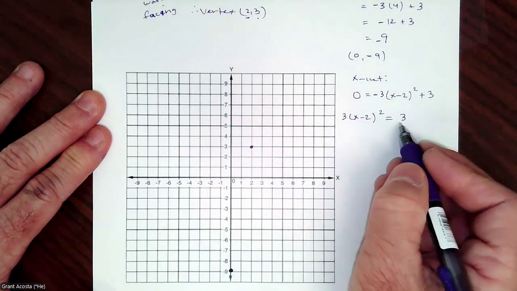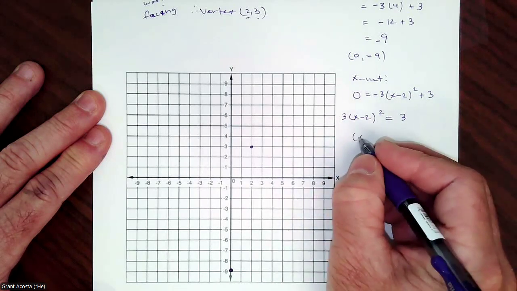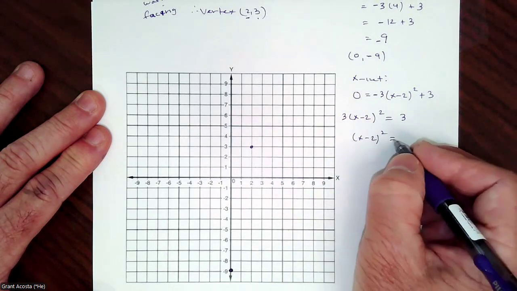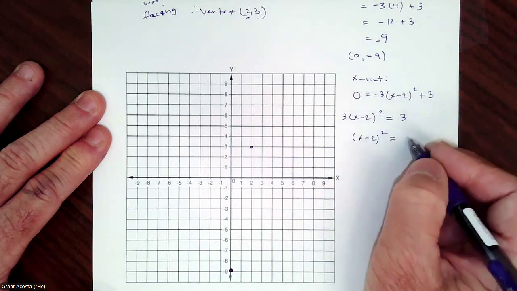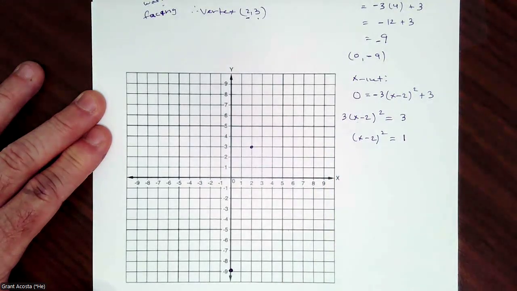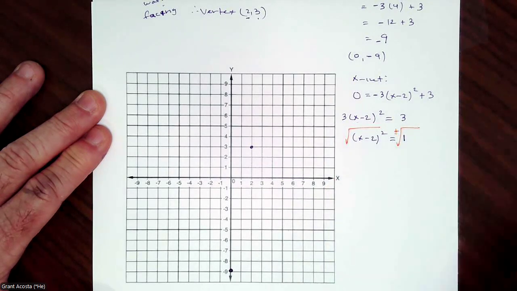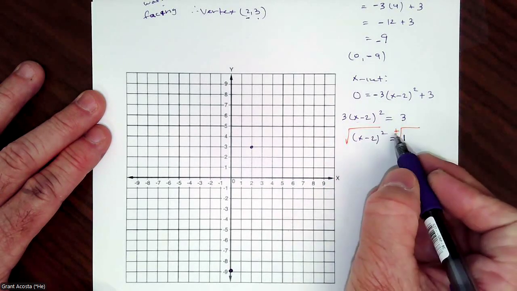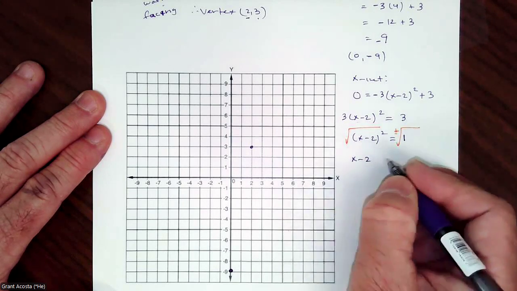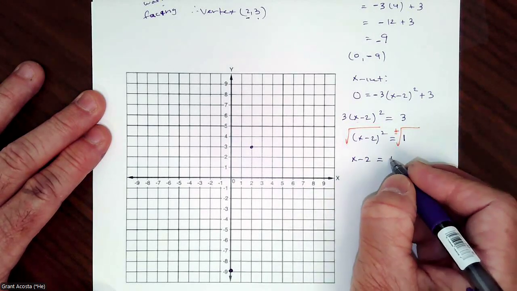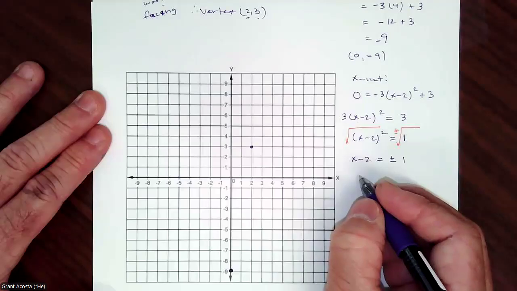I could then divide both sides by 3 to isolate the x minus 2 squared. If I divide this by 3, divide this by 3, that's just going to be 1. And then I can do the square root method that we did on the previous one. I'm going to take square root, plus or minus on the right side. Gives me x minus 2 is equal to plus or minus 1.